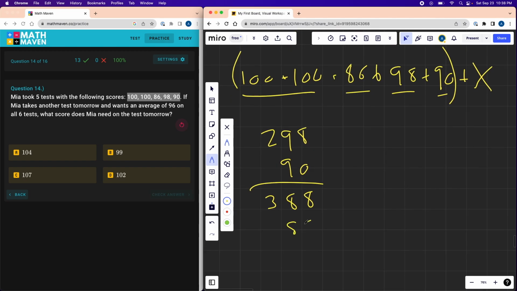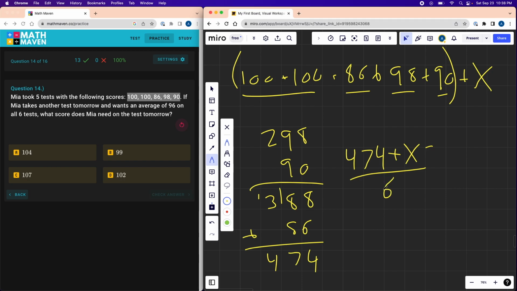That'll be a 4, and that's a 7. There we go. So it is 474. So we have 474 plus x divided by 6 here, right? Yep, 6 total tests. That whole thing is going to equal the average that she wants of 96.